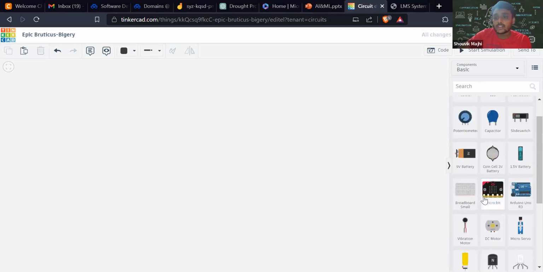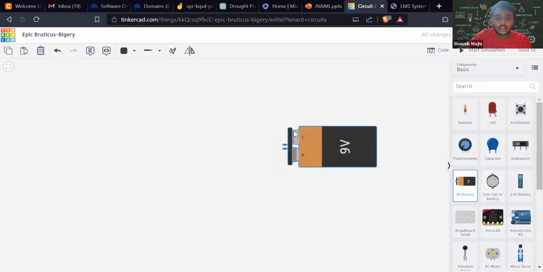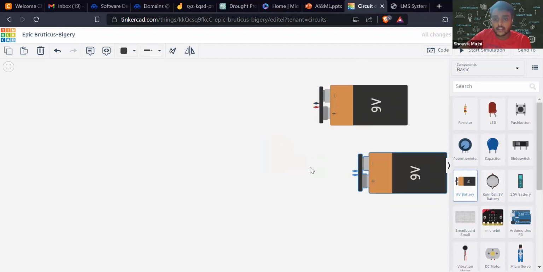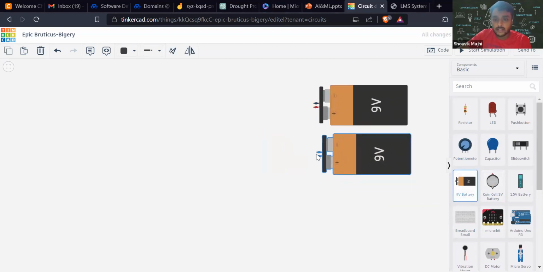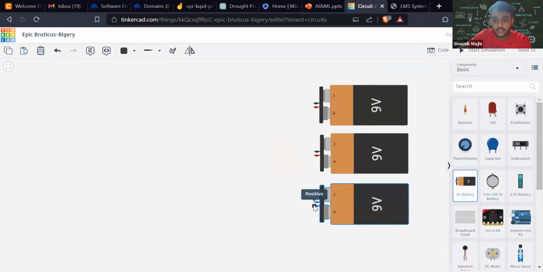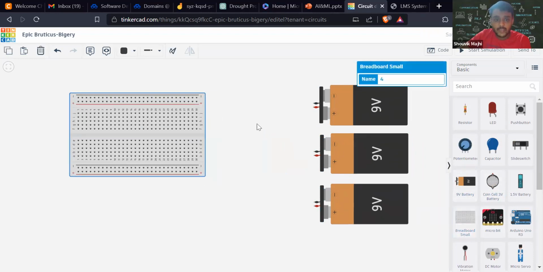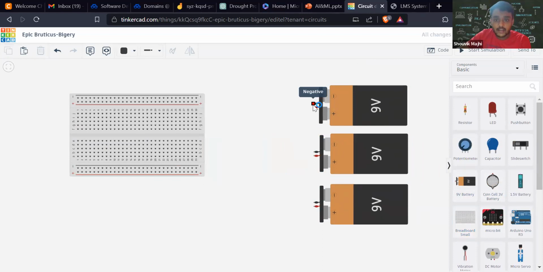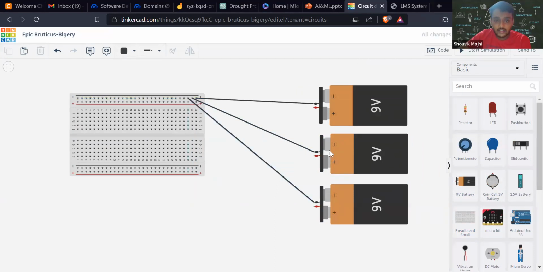In parallel, you will be expecting all the terminals to be connected to the same terminal. For example, negative to negative and positive to positive. If this is our battery, let us connect it. The negative side should go to the negative side of another, and this to the negative.